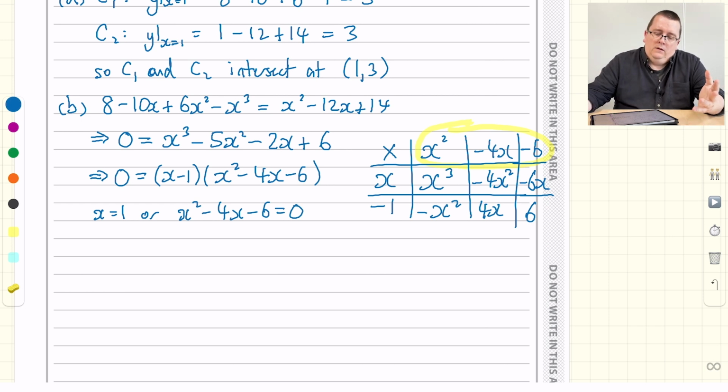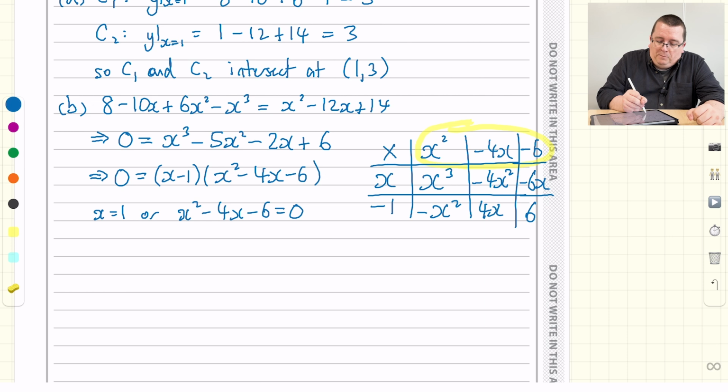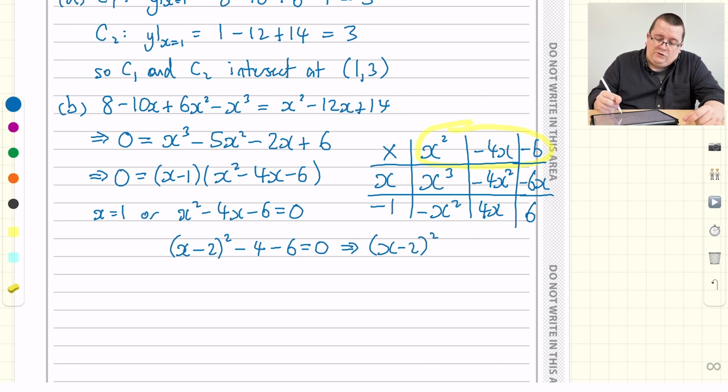Now, k can't be 1 because k is negative, so I can ignore the x equals 1 solution now. So if I solve this quadratic, I'm going to complete the square, because I don't think it factorises. So x take away 2 squared, take away 2 squared, take away 6, so we're going to have equals 10. So x is going to be equal to 2 plus or minus the square root of 10.